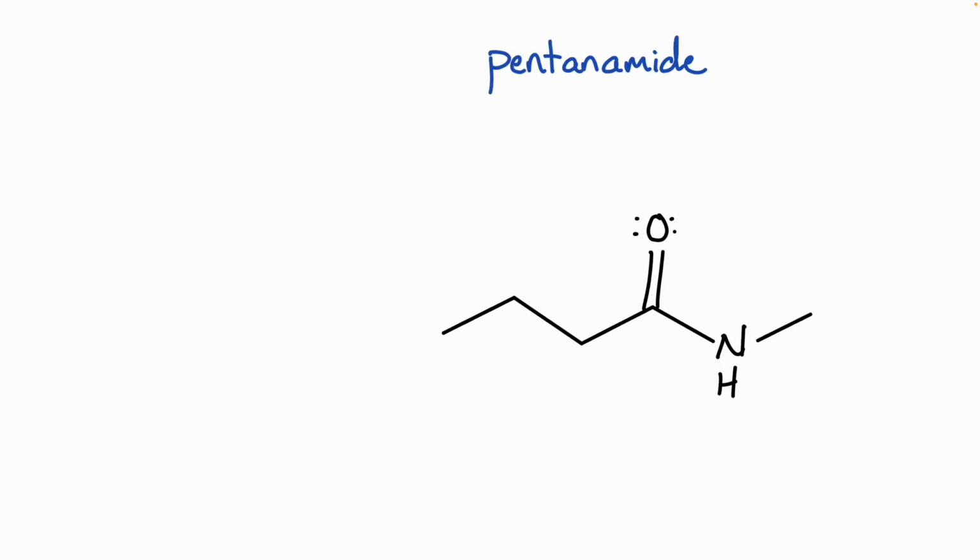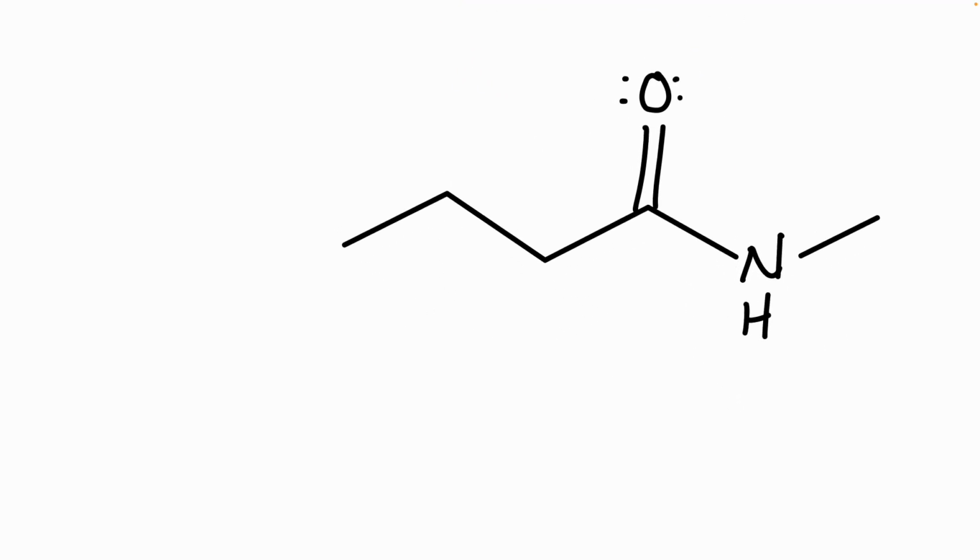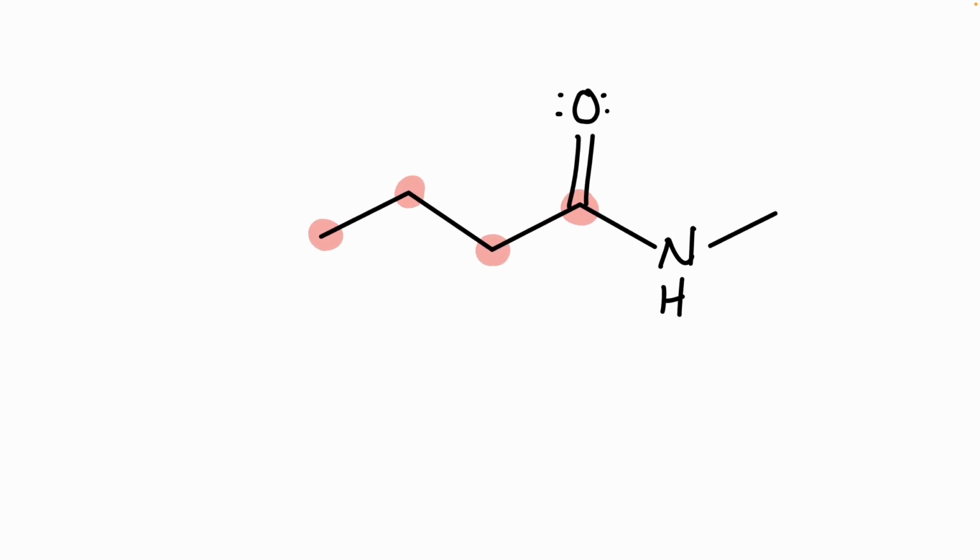Okay, so first of all, what do we think is the parent chain on this molecule, the left or the right of the nitrogen? Again, that carbonyl carbon has to be a part of our parent chain. So these 1, 2, 3, 4 carbons here are the parent chain in this molecule.